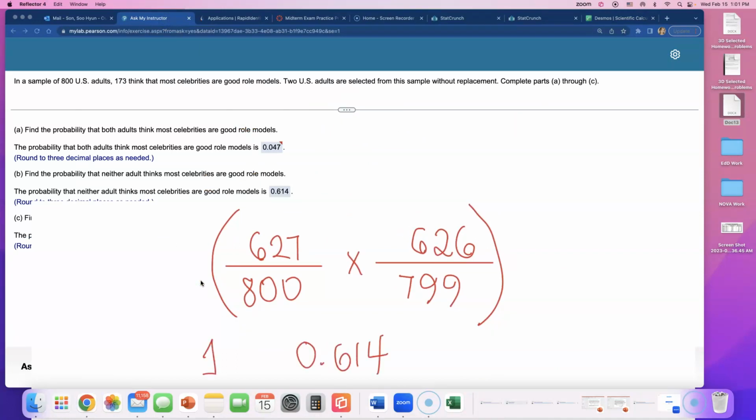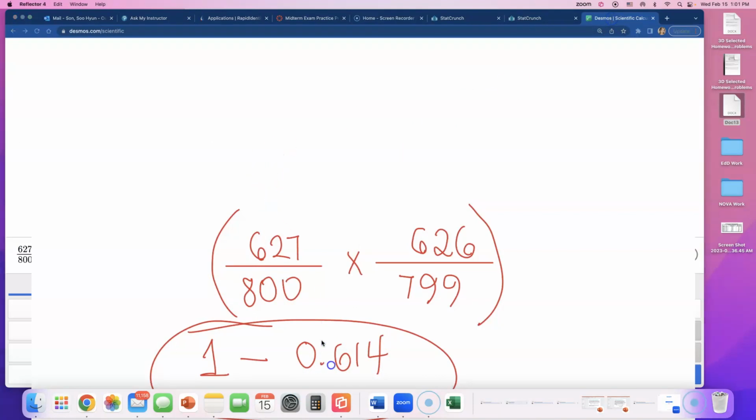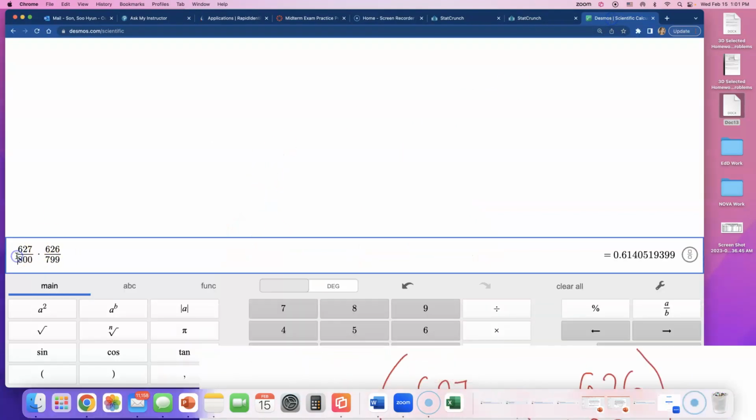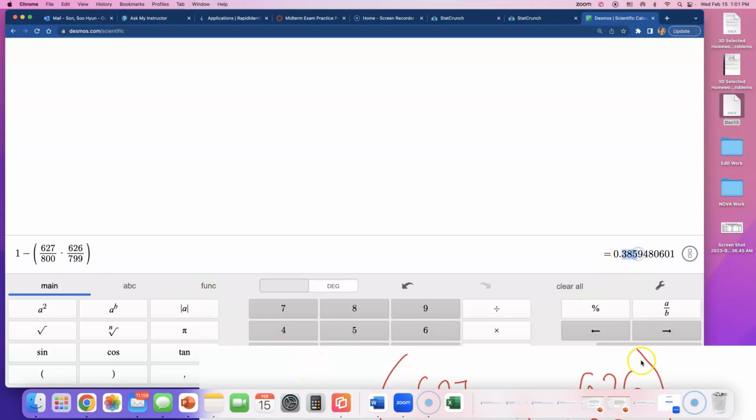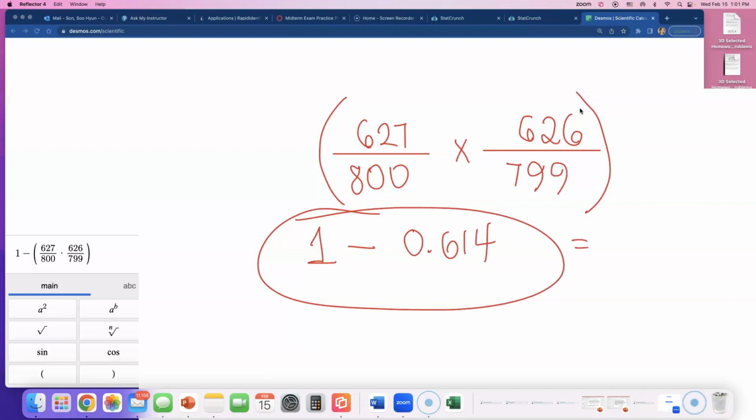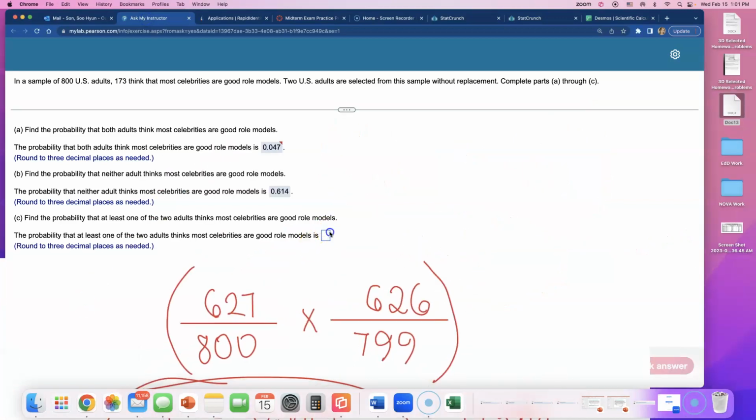So the only thing that I need to do is subtract 1 minus 0.614. And this is using the complement idea. So let me get that decimal real quick, okay? I'll do 1 minus that product, and it comes out to be 0.386. Wow, that part was tricky, I have to admit.